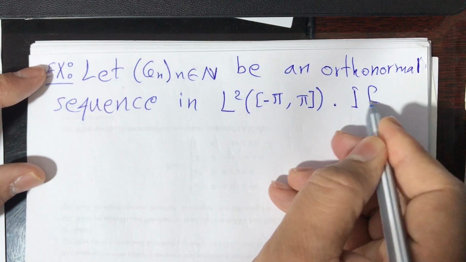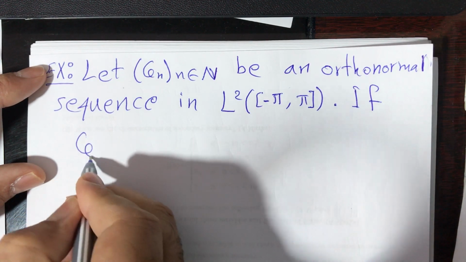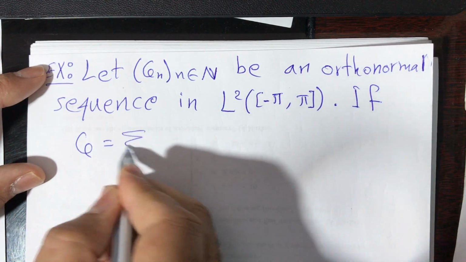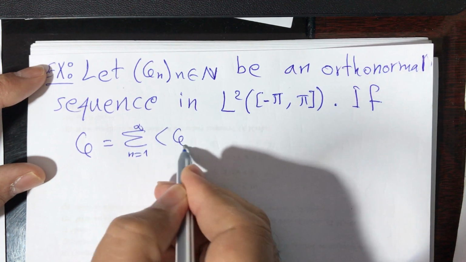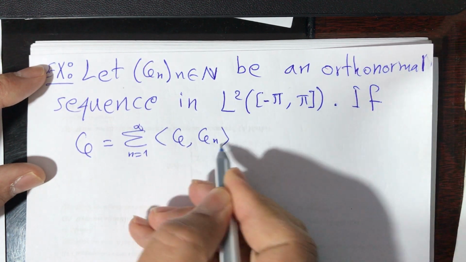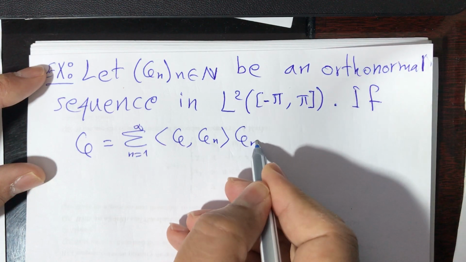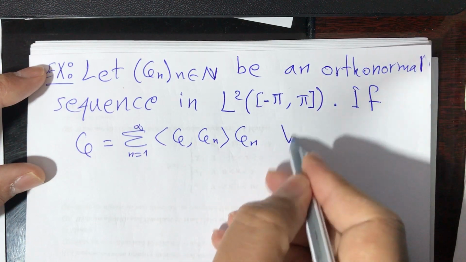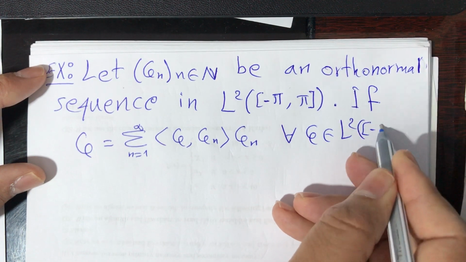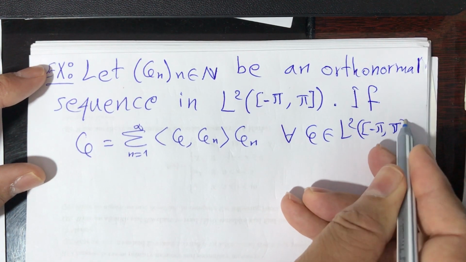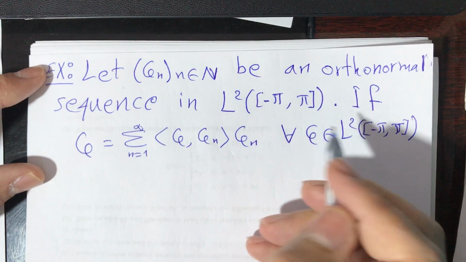Now if phi is equal to the summation n from 1 to infinity of the inner product of phi and phi n times phi n, for all phi belongs to L2 of minus pi to pi.